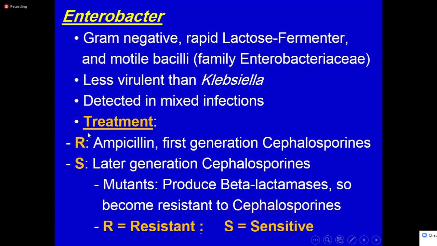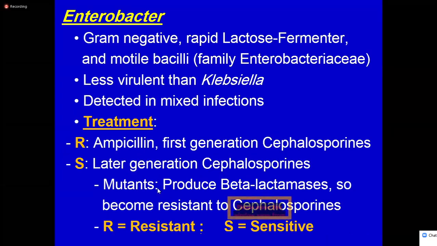So usually resistant to the classical treatment, which is ampicillin and first generation, because of mutation. Mutation will produce beta lactamases, which can destroy ampicillin and first generation cephalosporin, while the new generation are more resistant and can be effective against these microorganisms.